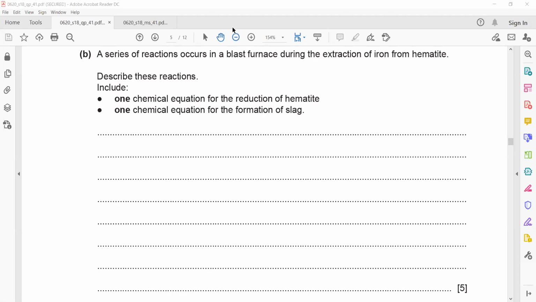So basically, first, what happened: carbon reacts with... better you write it in words as well, explain in words each change. So carbon, or coke, reacts with oxygen to form carbon dioxide.